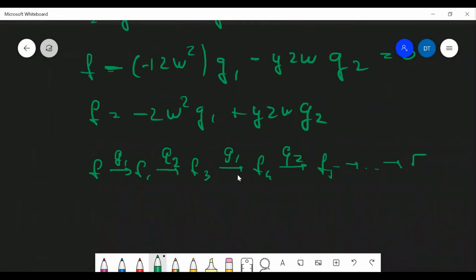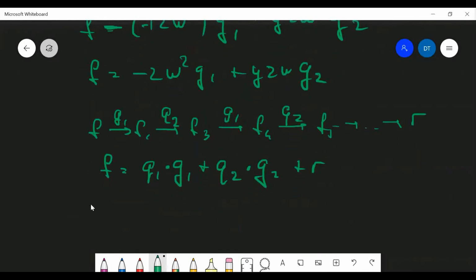Then if you go through all of these procedures, you will represent f in the form q1 times g1 plus q2 times g2 plus r, where q1 and q2 are polynomials, and r is also a polynomial. So these are the quotients, and this is the remainder.